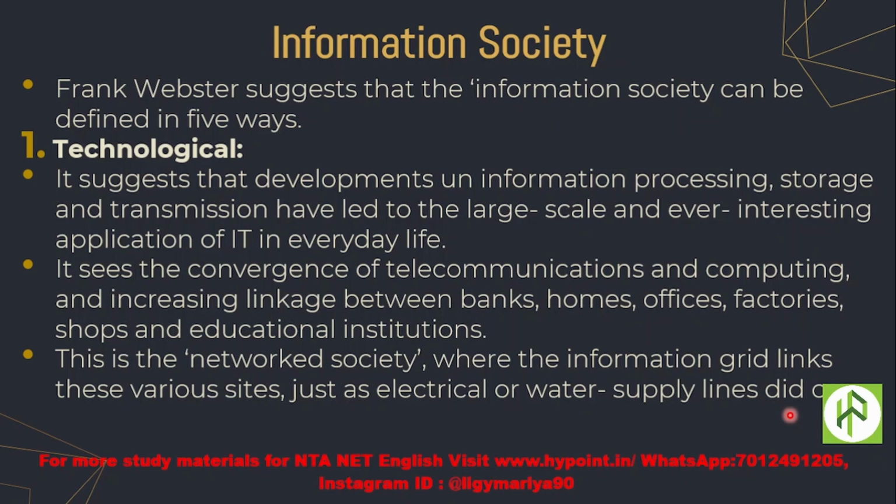Information grids means, see, the gender of the viewer is a particular window in that grid, and the watch time of these viewers is another slot in that grid. So there are various slots in the information grid. This grid will link various sites, just like electrical and water supply lines did previously.